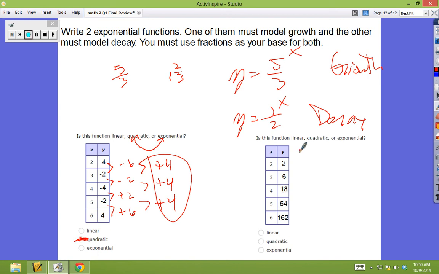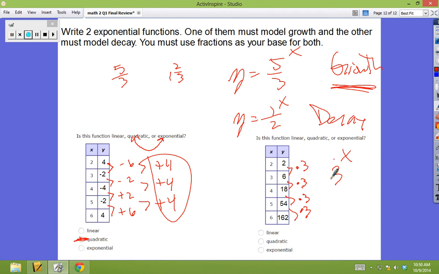Quadratic. This one is going to be exponential because it's growing by multiplication. It looks like it's tripling every time. If it grows by multiplication, so this one would be growth. So it would be 3 to the x because it's tripling every time. And then maybe plus or something out here.